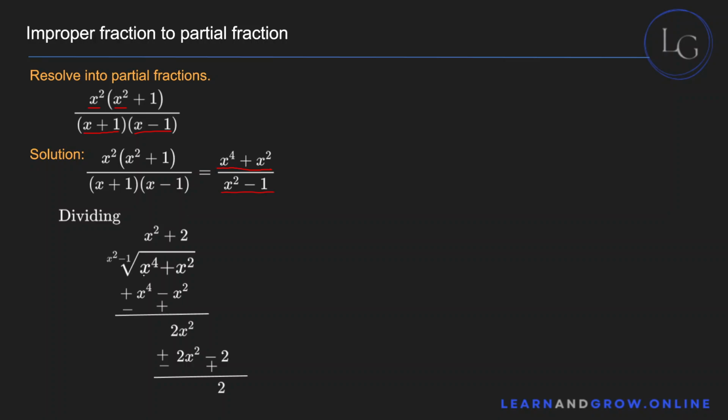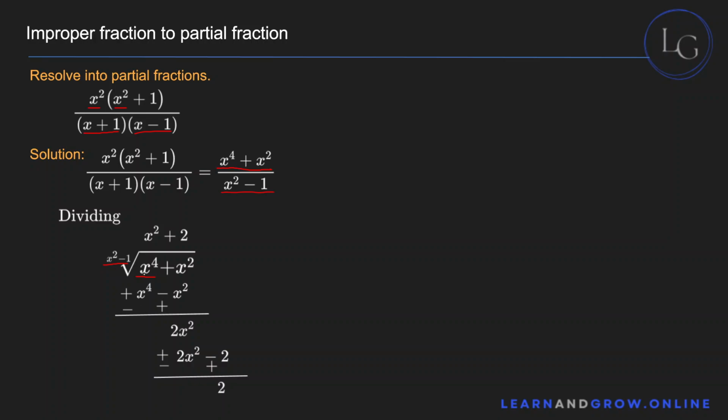Well, first you need to eliminate this x to the power 4 term. So you'll multiply x square minus 1 with x square. That will give you x to the power 4 minus x square. And you'll subtract x to the power 4 minus x square from x to the power 4 plus x square.